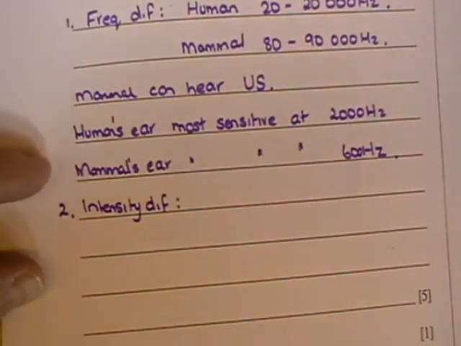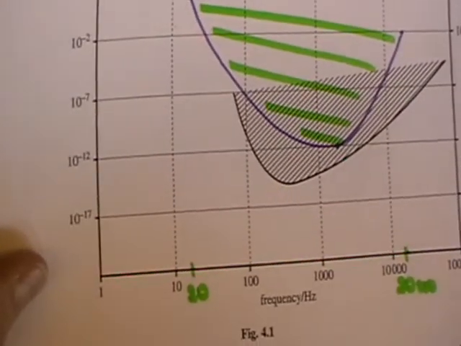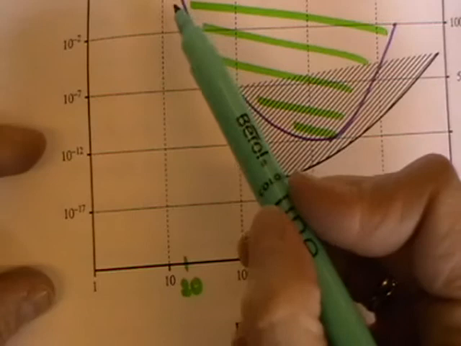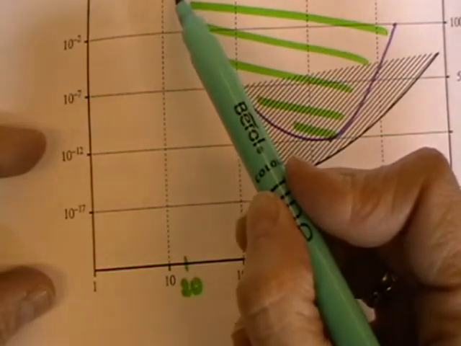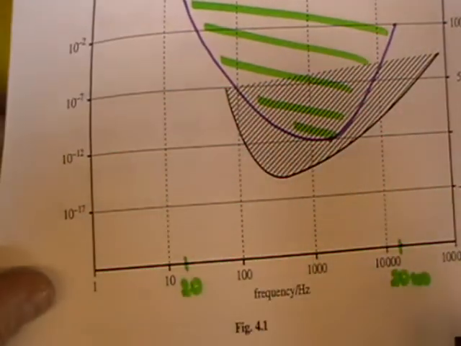Right, number two, differences in intensity. If we have a wee look at this again, the human can hear a range of values from 10 to the 2 down to 10 to the minus 12.